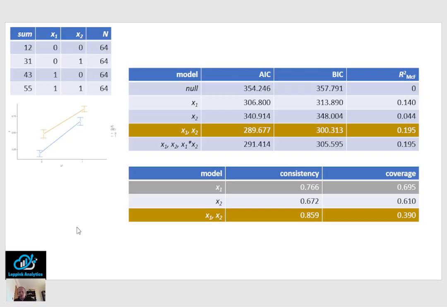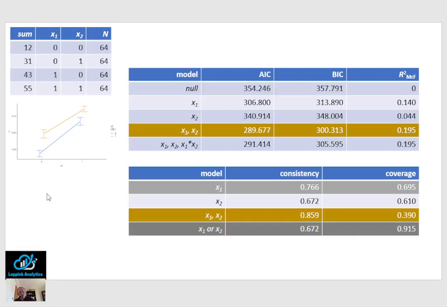Now there is another solution that you can look at, which is x1 or x2, which is basically saying x1 or x2 or both, technically. And then you can say that there is a consistency of 0.672. Why is that?